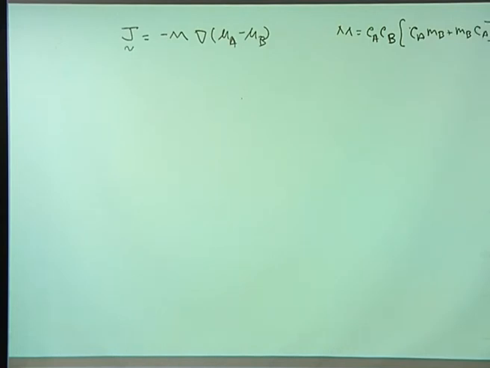So M is this weighted average of the mobilities of the two components. And we call this the diffusion potential. And it was in this difference in chemical potentials because we're in this volume-centered frame.